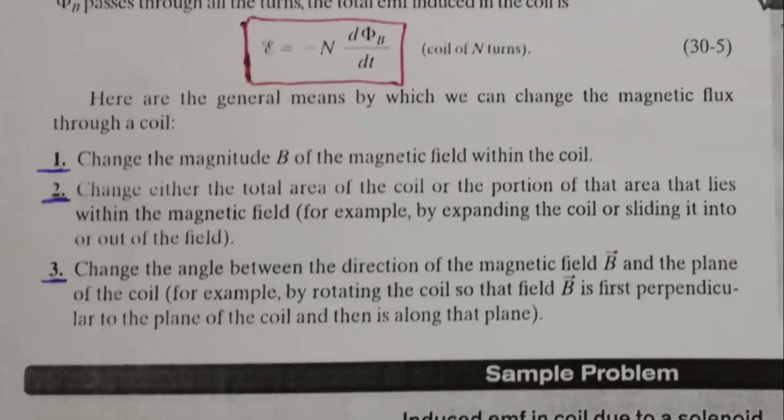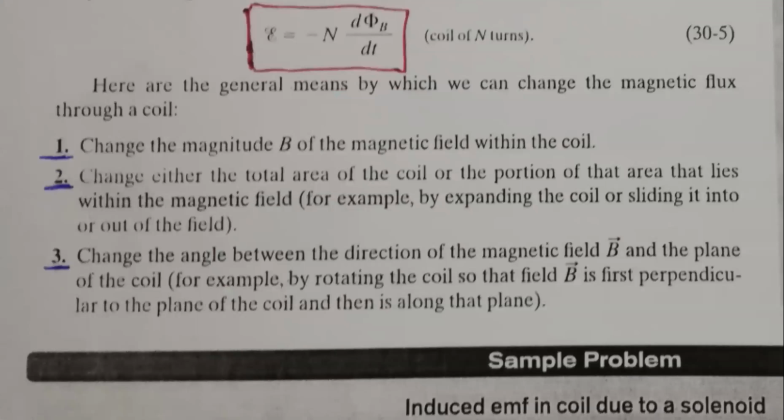You can change the magnetic flux by changing: point number 1, the magnitude B of the magnetic field within the coil. Okay, in this way you can change the value of phi.